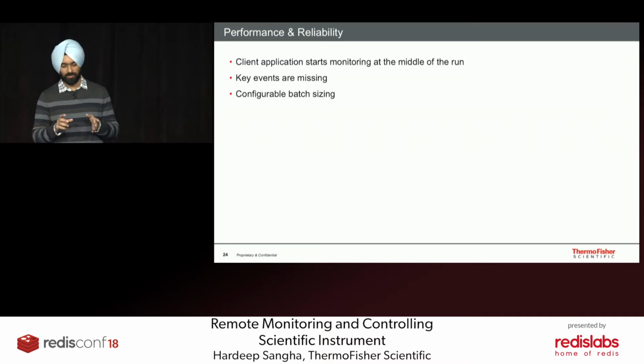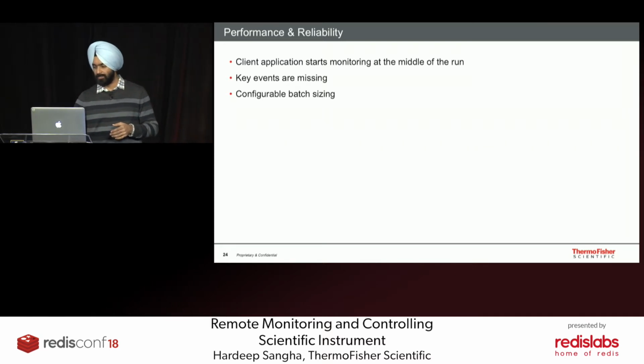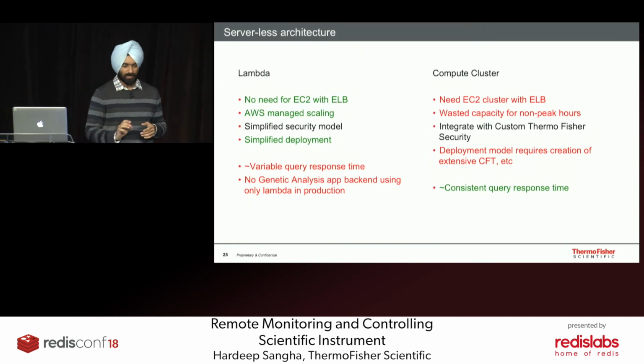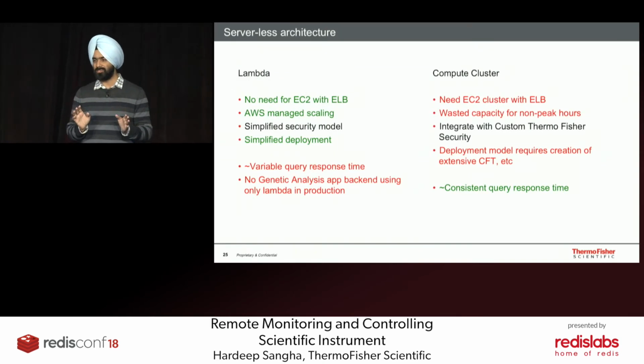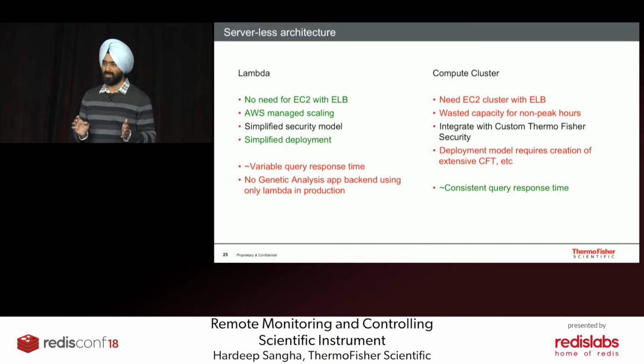Again, I talked a little bit about the configurable batch sizing. I alluded to it when I explained why our customer-facing application is not a Lambda or a stack of Lambdas. We internally run something called a compute cluster. If you look at the reds and greens, you'll figure it out.